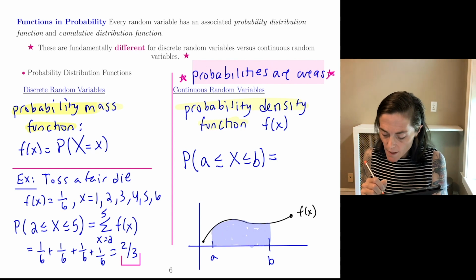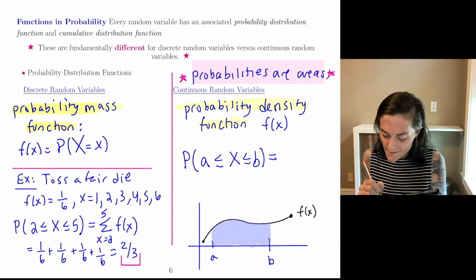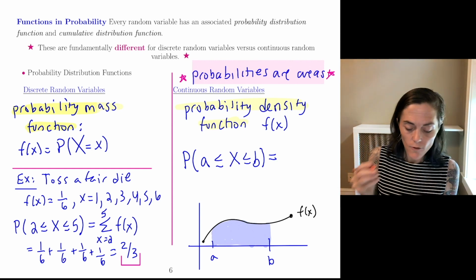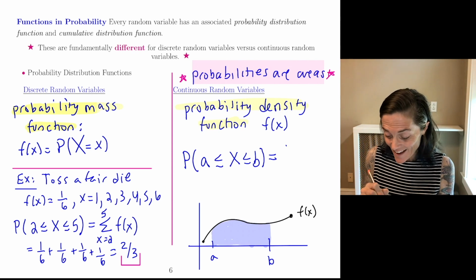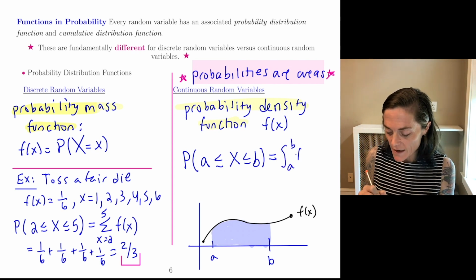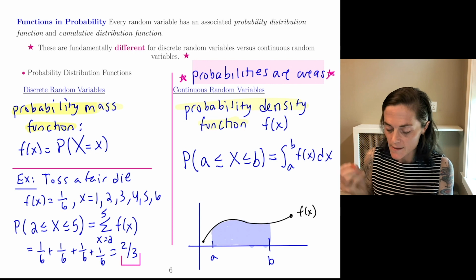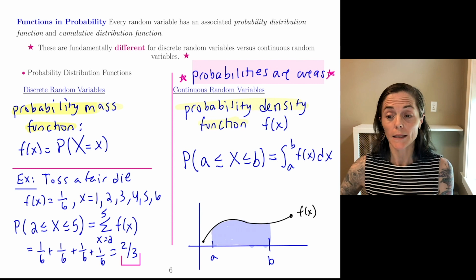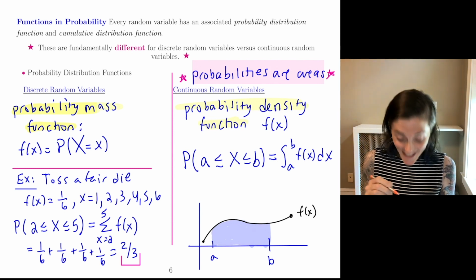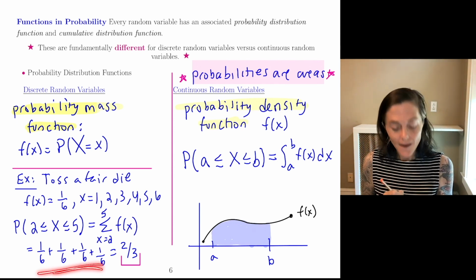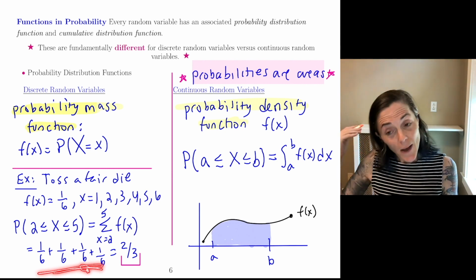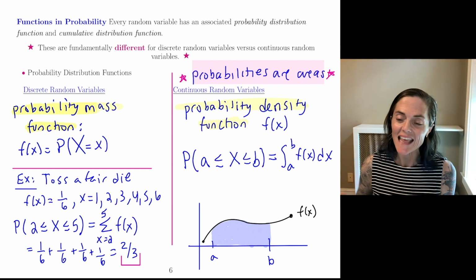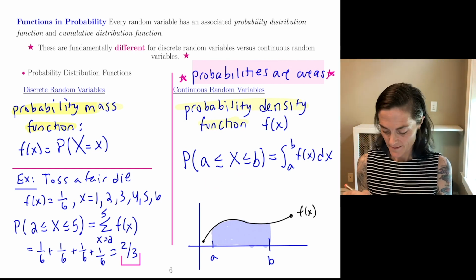This area is what gives you probability. Now, what is this area? Well, we know from calculus, it's an integral from a to b of little f of x dx. So this is fundamental to our understanding of probability: the difference between a discrete random variable where probabilities are sums and a continuous random variable where probabilities are areas, or another way to say that, it's a definite integral.